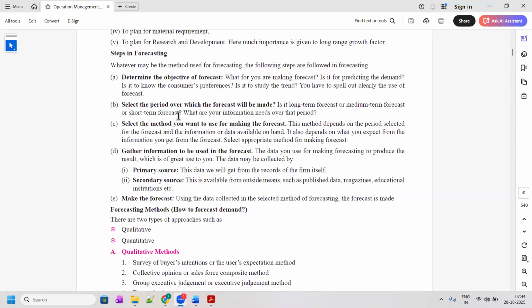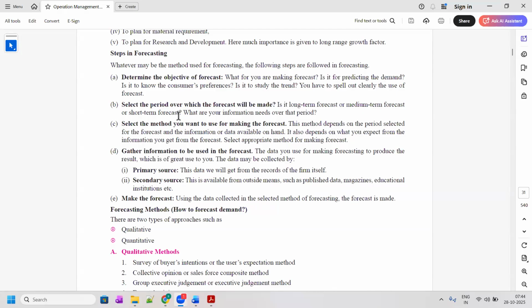Once we have the objective clear in our mind, we need to decide the time period, and then we need to decide the method we are using for the forecasting. That method is based on the time period of the forecast, on the type of data we have, and on the kind of result we are expecting from the forecasting.